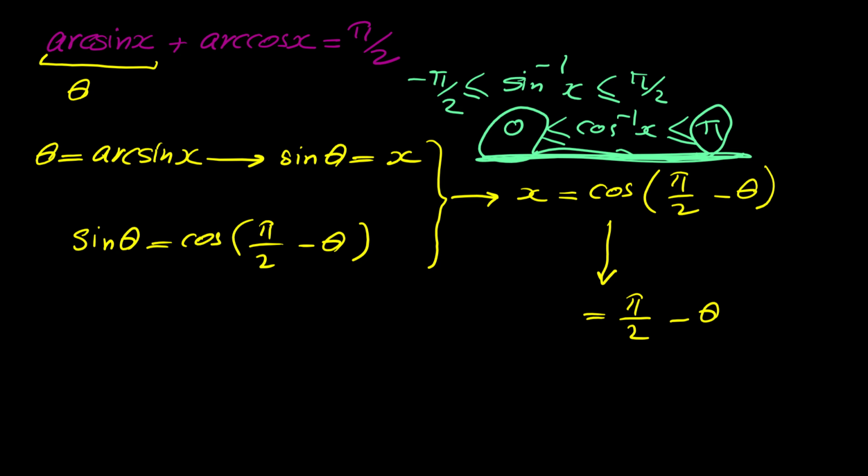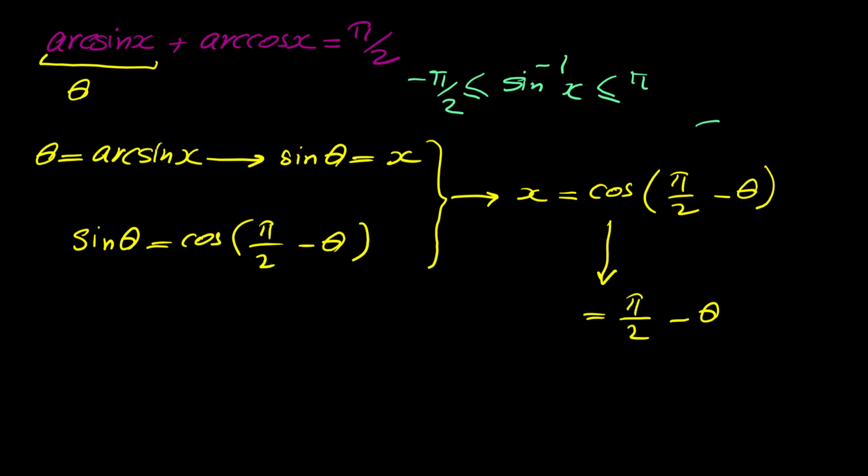Here I want to tell you the reason why, in this case, from the above relation, we can conclude that cosine inverse of x is pi over 2 minus theta. And let me write arccosine of x instead of cosine inverse, because in this proof I am using arcsin and arccosine, not sine inverse and cosine inverse.